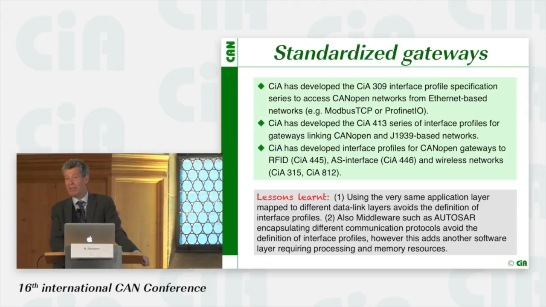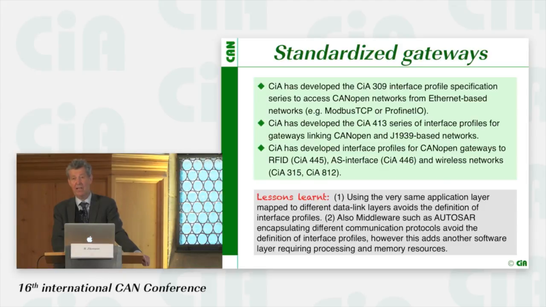Using the very same application layer and mapping to different data link layers would avoid this. Then we don't need those standardized gateways because we have the same access methods. Also, middleware of AUTOSAR encapsulating different communication protocols avoids those definitions for interface profiles. However, here we also have an additional software layer requiring processing resources and memory resources.